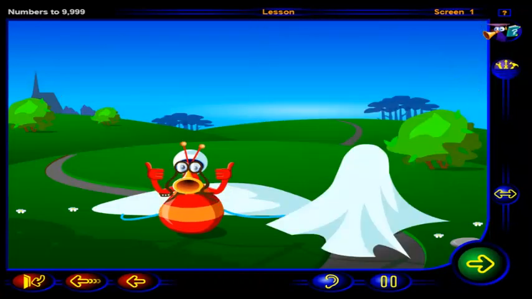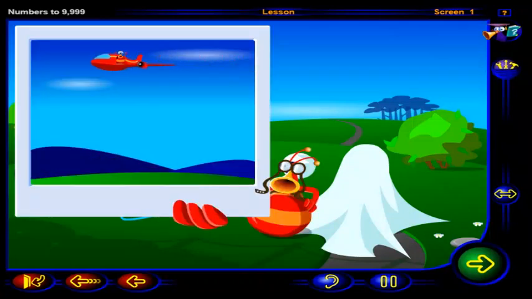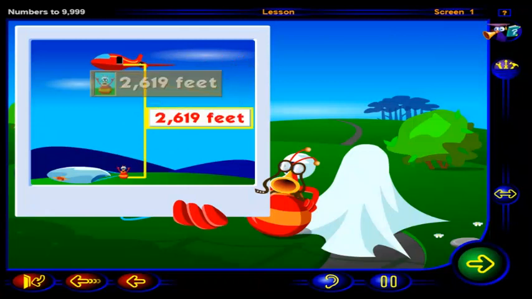Parachuting. That looks exciting. Let's see how high your plane was when you jumped out. Click on our friend. Wow! From your plane to the ground was quite a few feet.